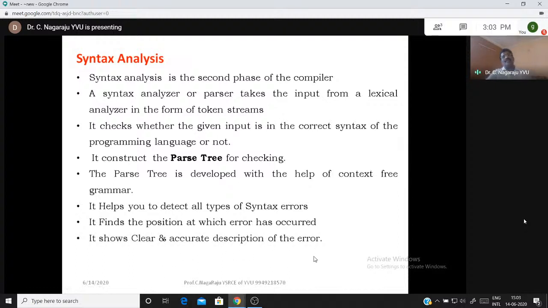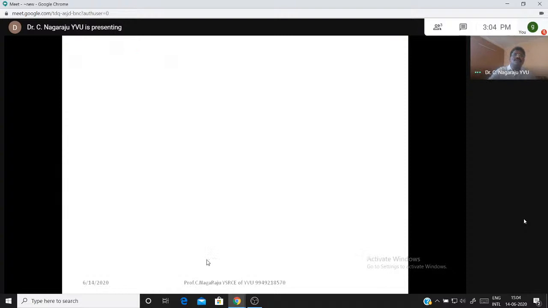When an error is detected, the appropriate message for that error is displayed by the syntax analyzer. The parser must reject invalid text by reporting syntactic errors. If there are any syntactic errors, it will reject the input.